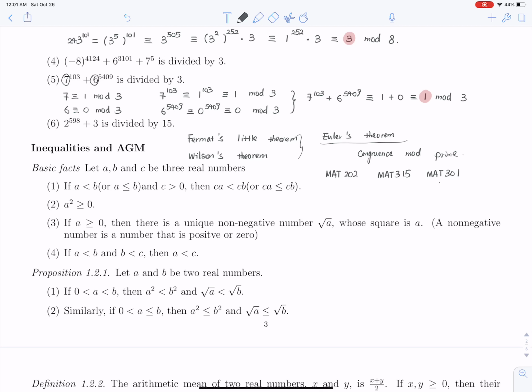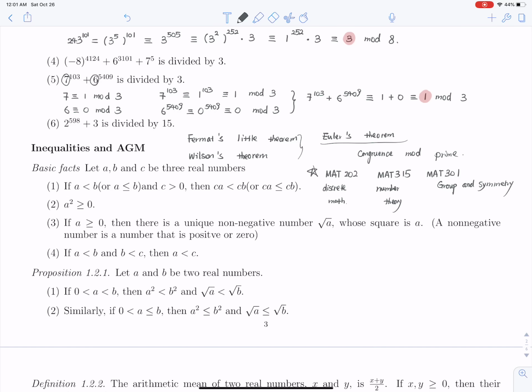This is called group and symmetry. This is number theory. And I think this is discrete math or something. Okay, if you are interested in this, take the following courses.